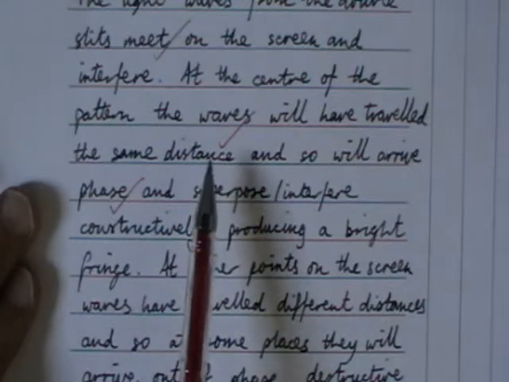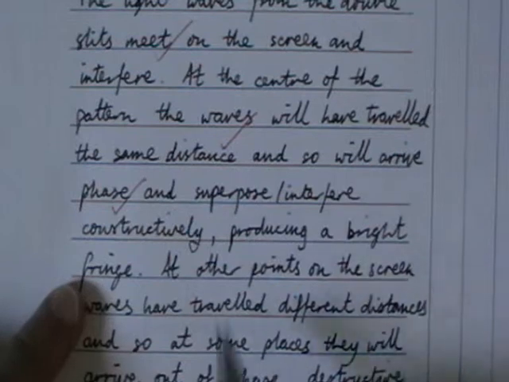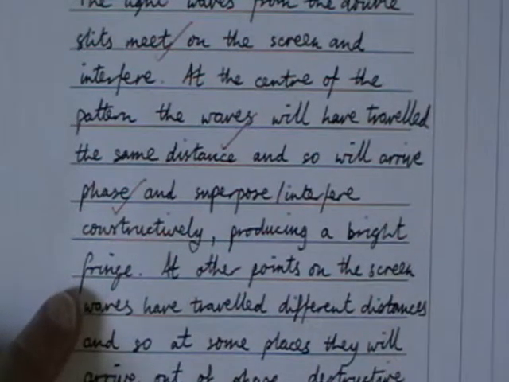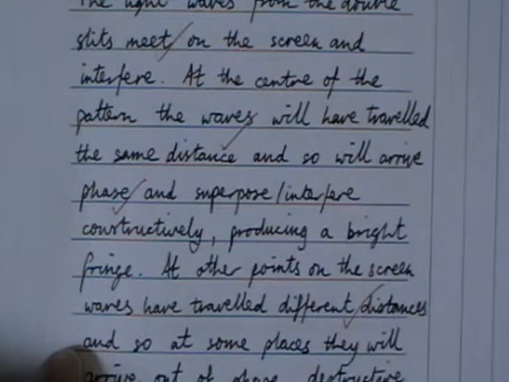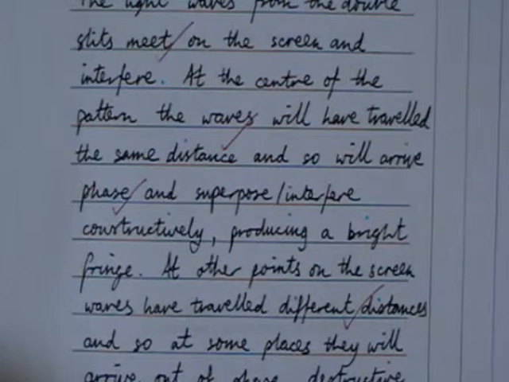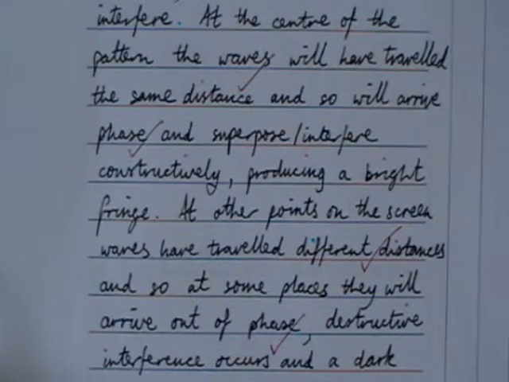They've travelled the same distance, so there's no path difference, they arrive in phase, superpose constructively and produce a bright fringe. Then at other points on the screen, waves have travelled different distances, and at some places they arrive out of phase, so they give a dark fringe, and at other places the waves arrive in phase again, and the pattern repeats.